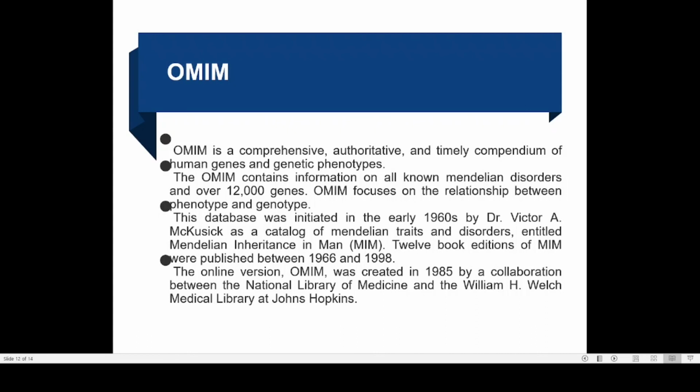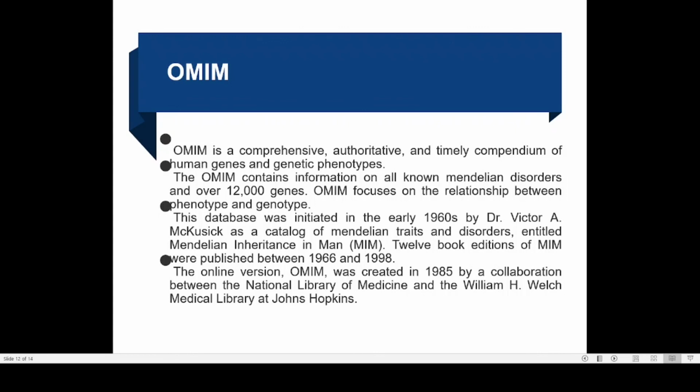These are what we call Mendelian disorders. This database gives you information about Mendelian disorders, and it was started by Victor A. McKusick, who first produced a book called Catalog of Mendelian Traits and Disorders, which later became a 12-volume book.